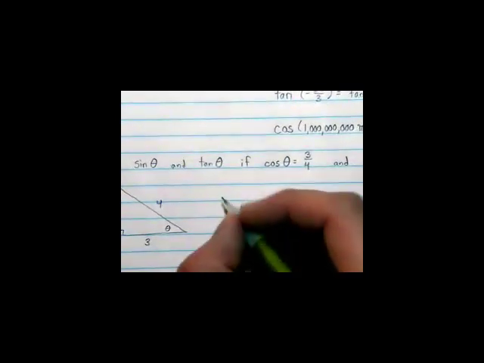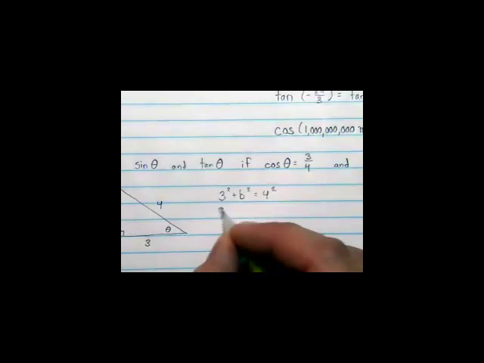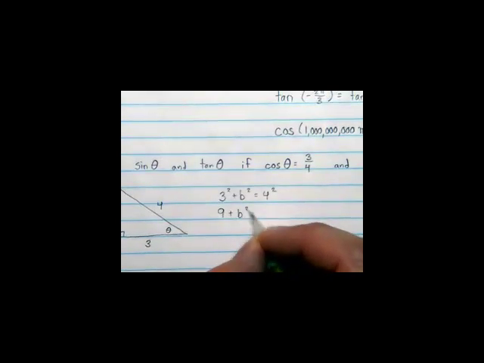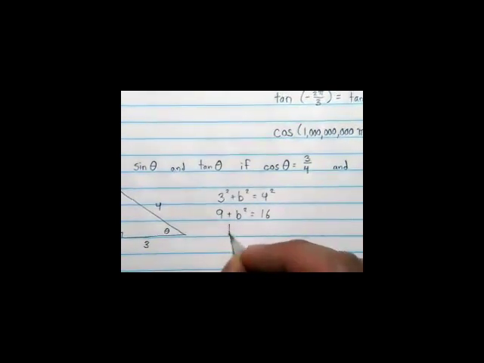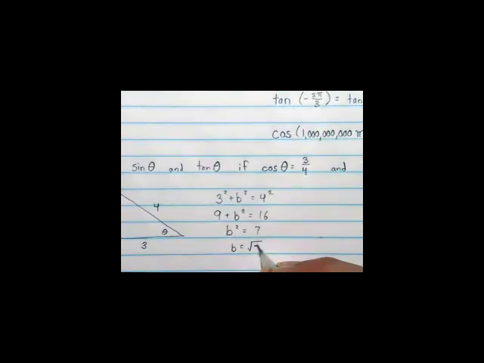So if I do a little Pythagorean theorem work here, 3 squared plus b squared equals 4 squared. So 9 plus b squared equals 16. So b squared, 16 minus 9 is 7. So this is the square root of 7. All right, so I know I've got square root of 7 over here.